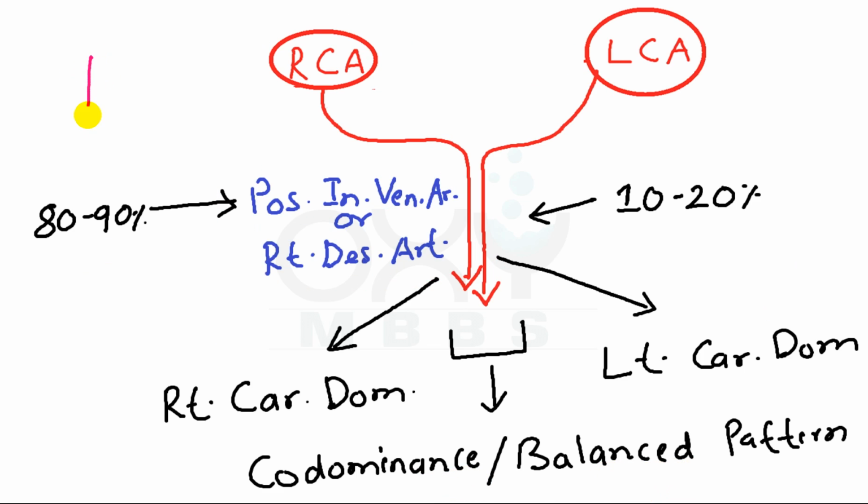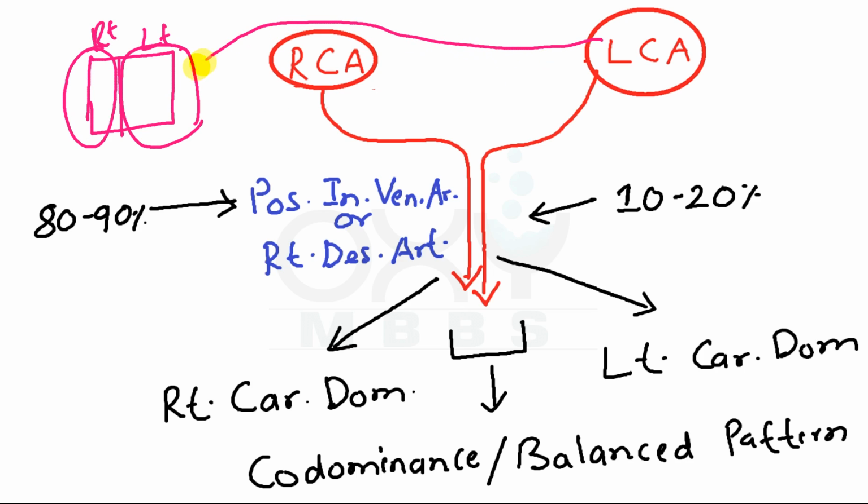Now friends, as you all know, this is our heart, and this one is the left side of the heart and this one is the right side of the heart. The left side of the heart is bigger in size as compared to the right side. It means the left coronary artery supplies the major cardiac tissues.